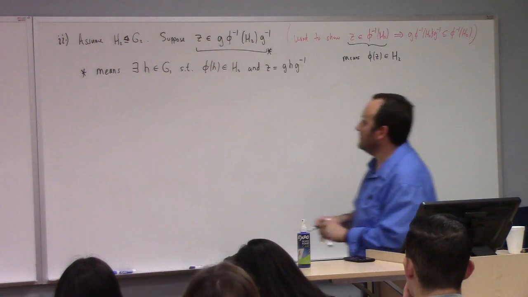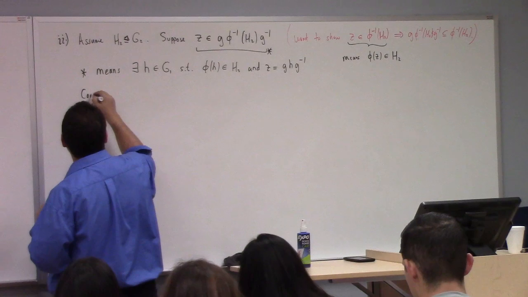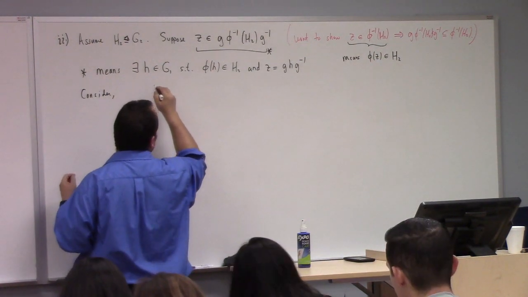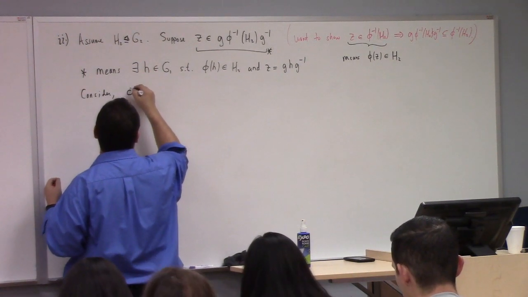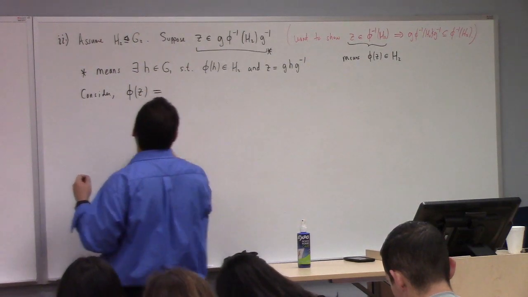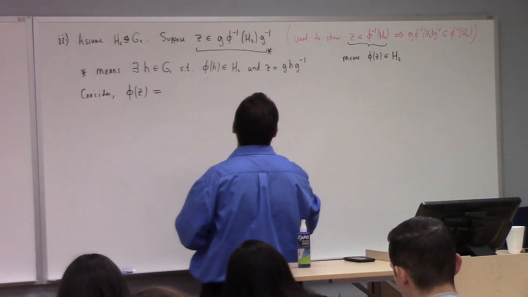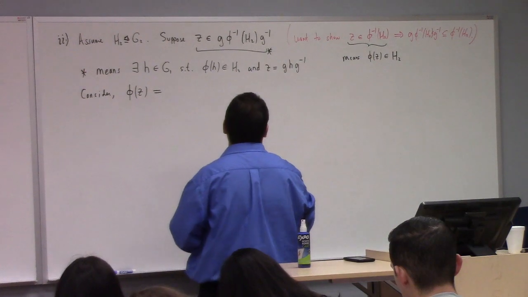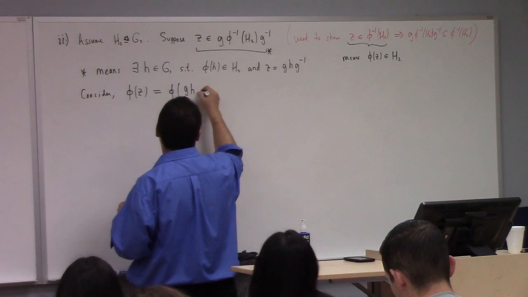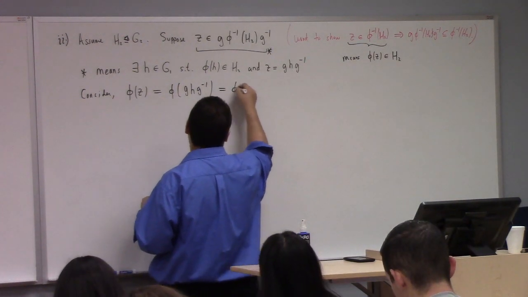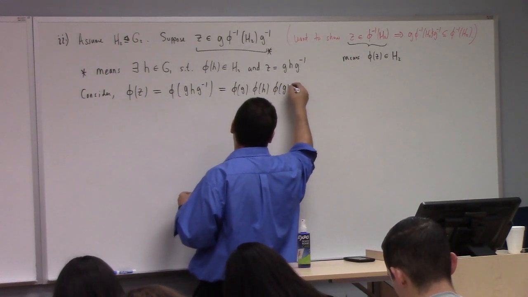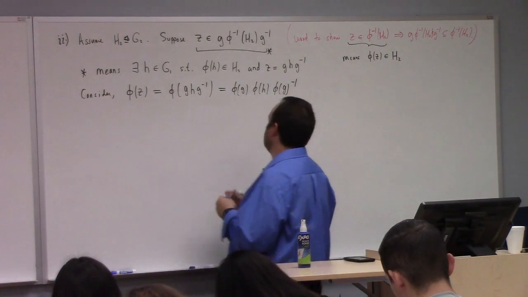So, great. Consider, well, I guess we should probably look at phi of Z. That's what we're after, isn't it? What's phi of Z equal to? It's phi of g h g inverse, which, by the way, is phi of g, phi of h, phi of g inverse, right?